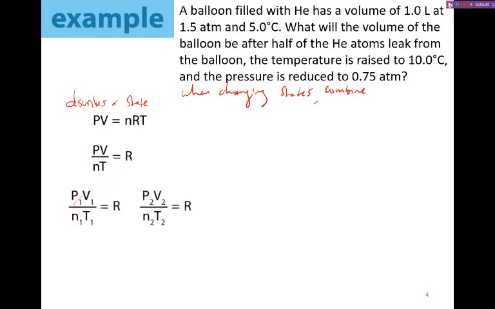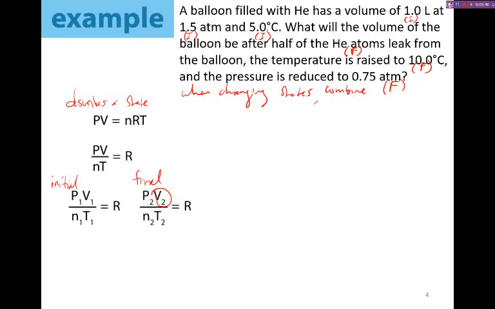One for our initial states and one for our final states. And we're given information. This is an initial volume, this is an initial pressure, this is an initial temperature. We're told information about a final number of molecules, a final temperature, and a final pressure. And so we know in the beginning all of these variables, except for we're trying to solve for the final volume of the balloon.